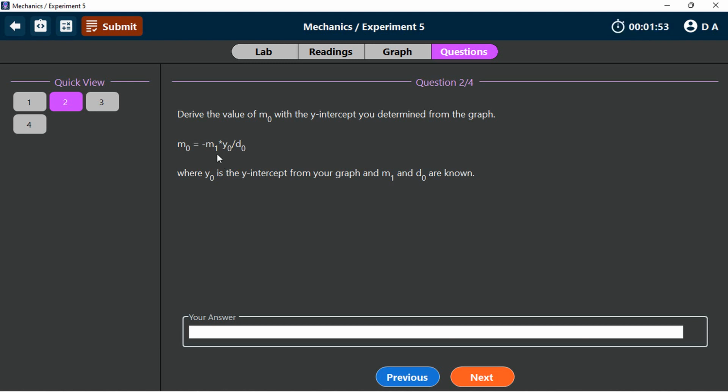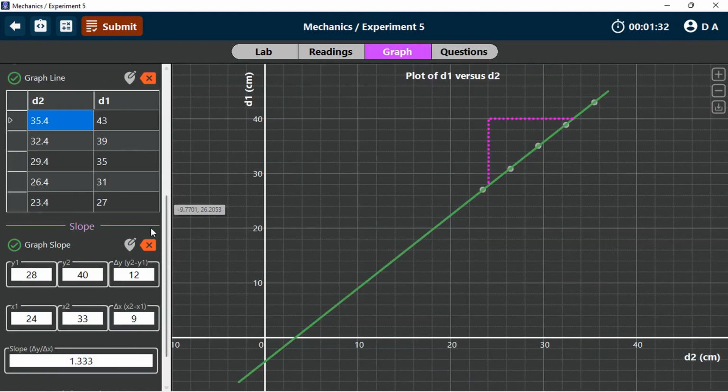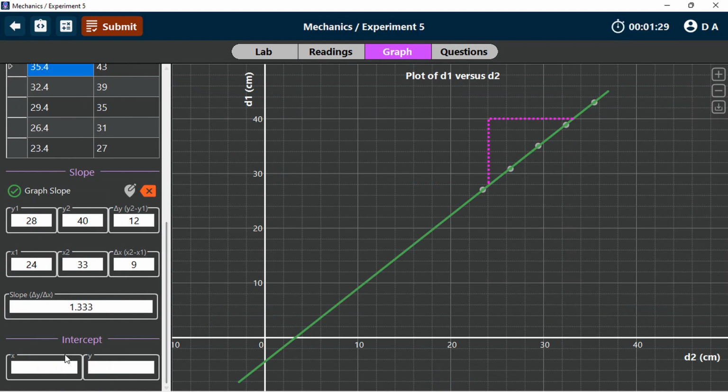M1 is 30, Y0 is the y-intercept, and D0 is the distance between the center of gravity and the pivot point. We know D0 to be 5. Y0 can be gotten from the graph, so from the graph you can calculate your y-intercept.